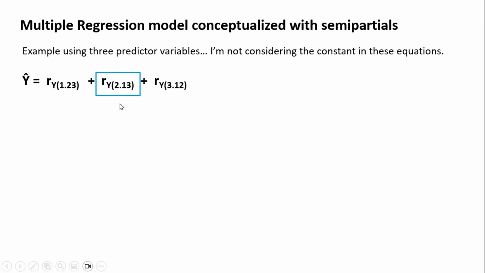The second one would be interpreted as the correlation between Y and the second variable, where the shared variability of variables 1 and 3 has been partialed out of that second variable. And the third one is the correlation between Y and the third variable, where the shared variability has been partialed out of the third variable.